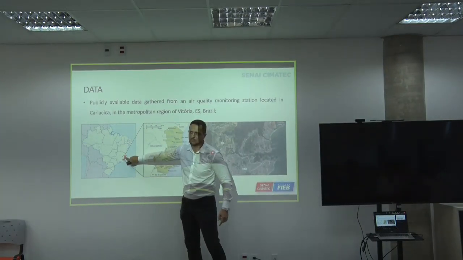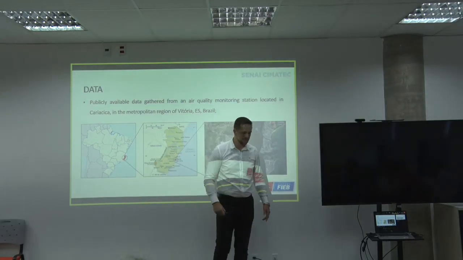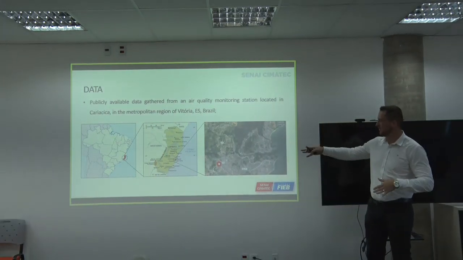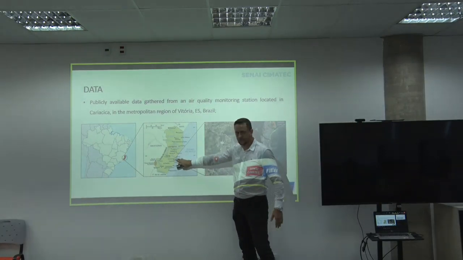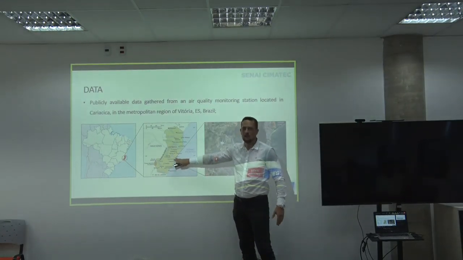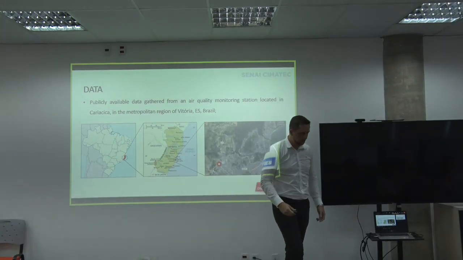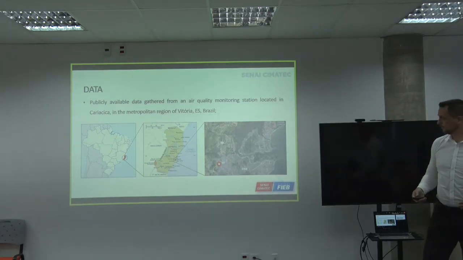It's not a very famous state in Brazil, but they are here. I'm from there, of course, by the way. The main point is that we have a good data set there of monitoring stations with meteorological and air quality data. So we have used this data set to train our model, okay?